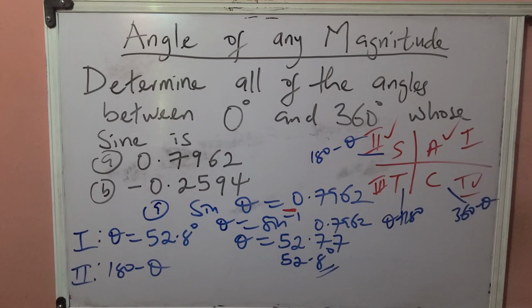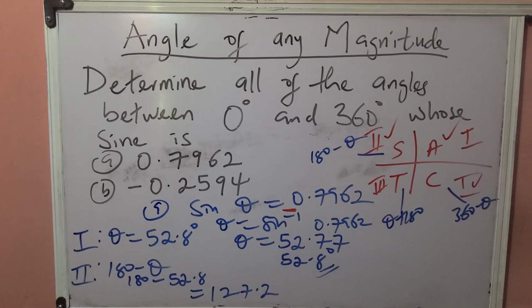So we have 180 minus 52.8, and that will give you, I believe, 127.2.